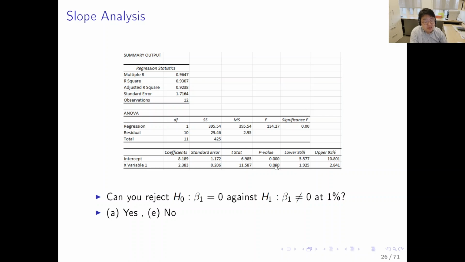Let me explain it this way. That probability is calculated like this. Suppose that the marginal cost is 0. If the true marginal cost was 0, you may still get this estimator.